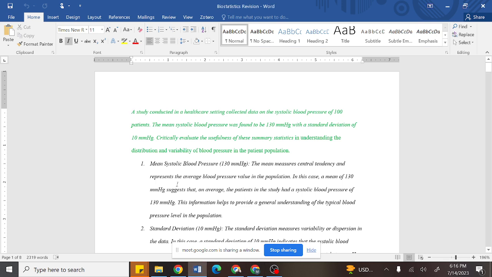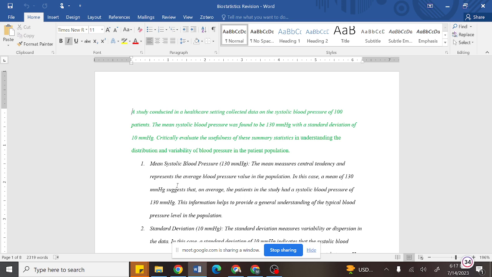So the first question was that a study was conducted in a healthcare setting and collected data on systolic blood pressure of 100 patients. The mean systolic blood pressure was found to be 130 millimeters of mercury, with a standard deviation of 10 millimeters of mercury.